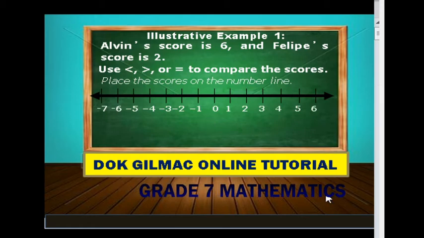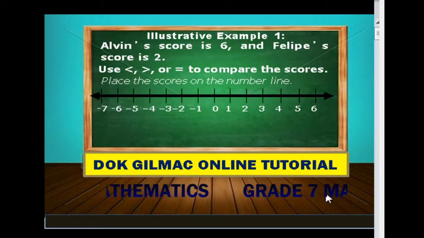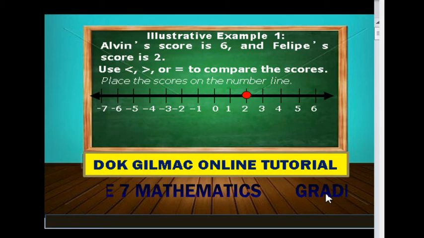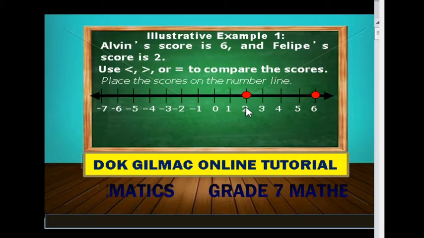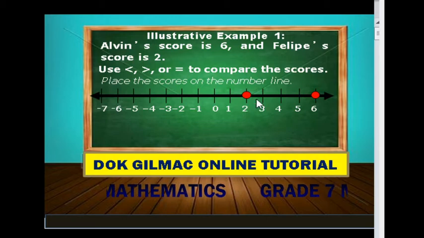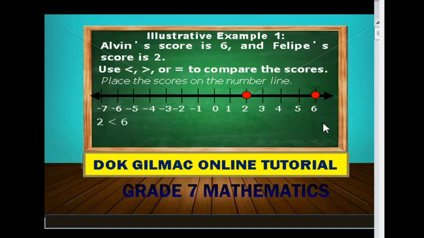Let's plot the scores of Alvin and Felipe. So we have positive 2 and positive 6. As you can see, 2 is simply to the right of 6. So meaning 2 is less than 6.